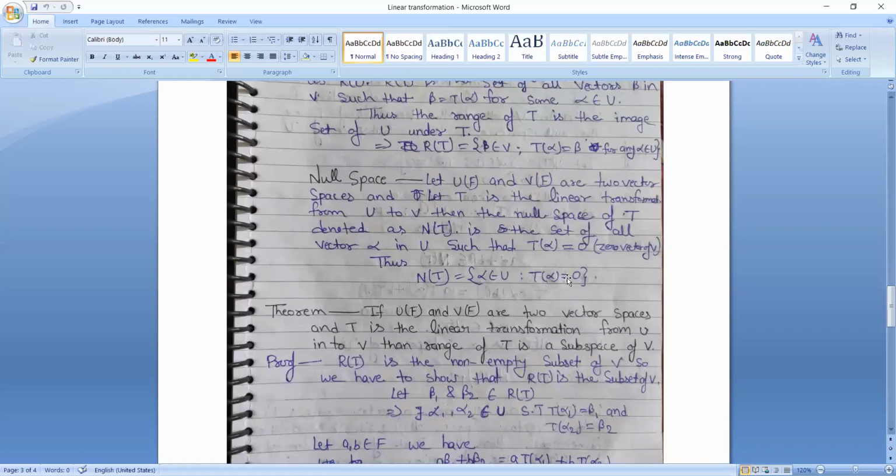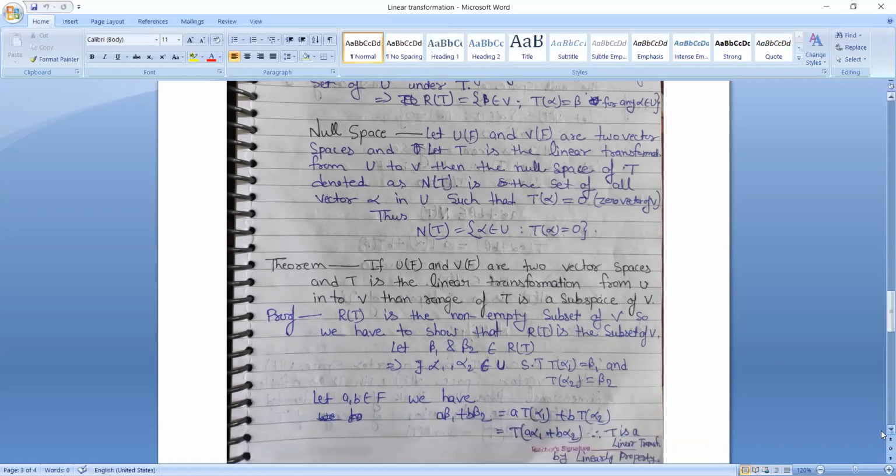Let U(F) and V(F) be two vector spaces and T a linear transformation from U to V. Then the null space of T, denoted by N(T), is the set of all vectors α in U such that T(α) = 0. Thus N(T) = {α belongs to U such that T(α) = 0}.